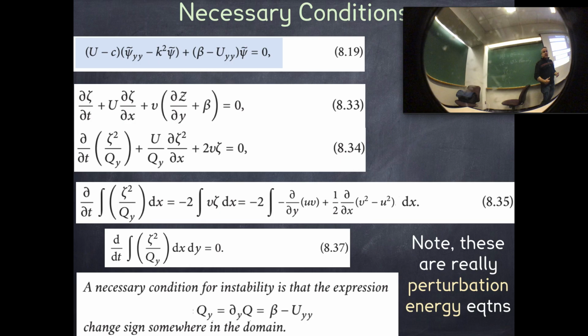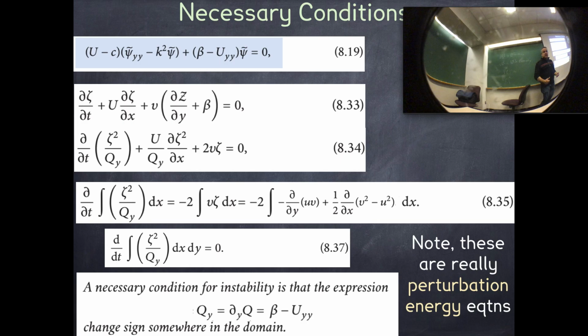If it changes sign, then what happens? What's possible? Let's draw a profile. I don't know what the profile looks like, but let's say that q_y is greater than 0 here, and q_y is less than 0 here, and our zeta squared profile does something fancy, but it's growing in time.